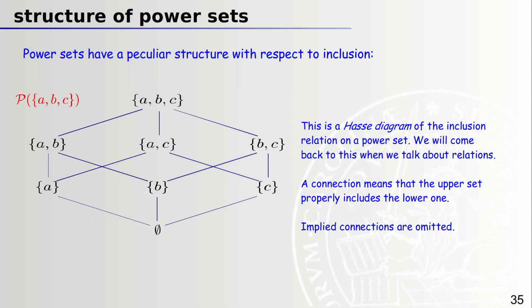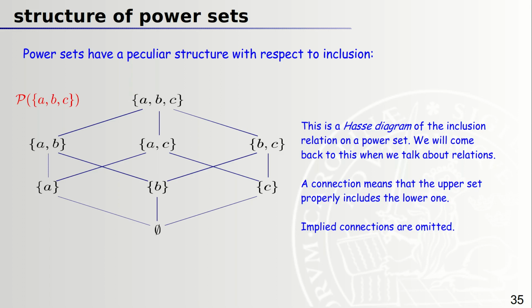Power sets have an interesting regular structure that becomes visible in what's called the Hasse diagram of the inclusion relation of its elements. In a Hasse diagram, we arrange all the elements of the power set, in this case of the three-element set A B C, and connect them in such a way that an upward edge means that the higher set includes the lower set in the diagram.